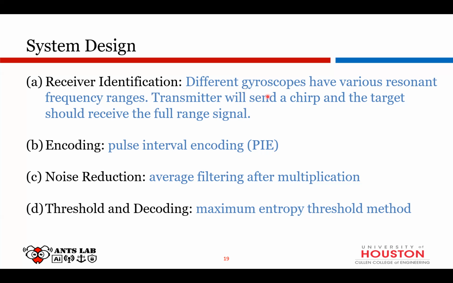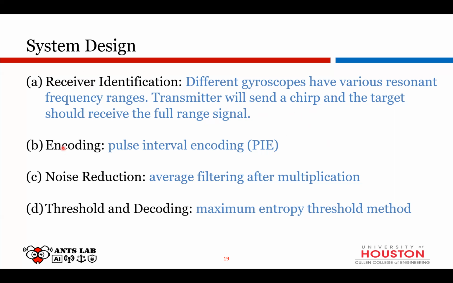Because they are all different, the transmitter can send a chirp signal whose bandwidth is specified for one of these receivers, and the true target will receive the full range signal from the starting point of the band of interest to the end of the band of interest. So that is called receiver identification.